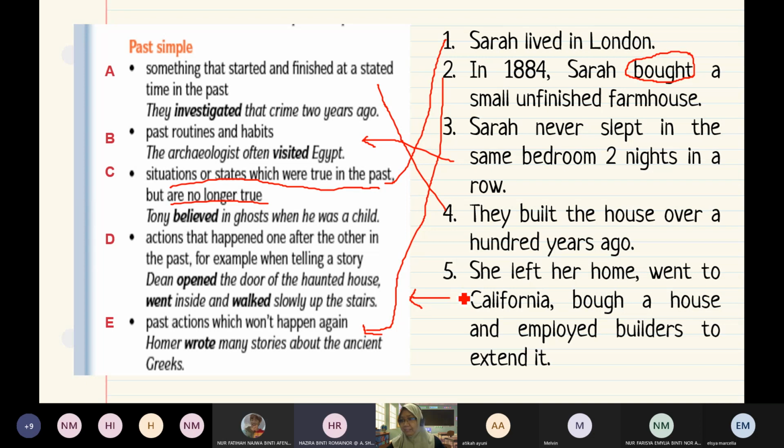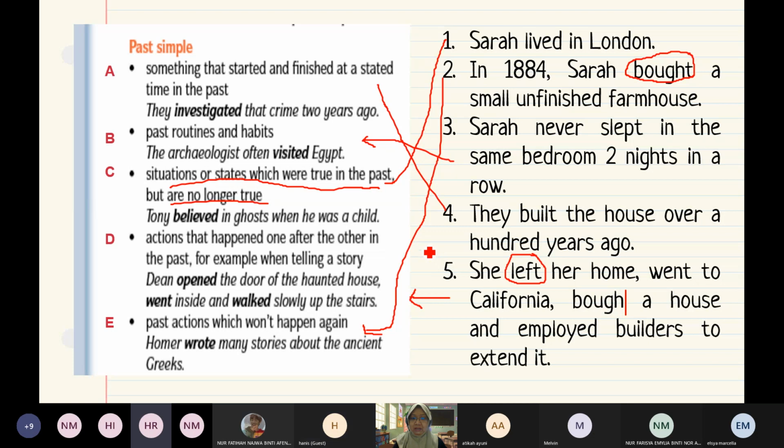Anis? Mana si Anis ni? Sorry, teacher. Which one is the verb? Tadi adik saya tu. Verb. Yes. Alright, left. What else? Verb. Yang bought tu ke? Yes.